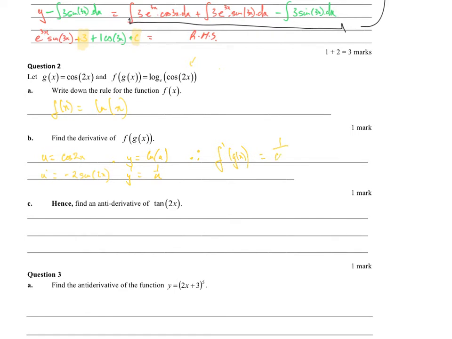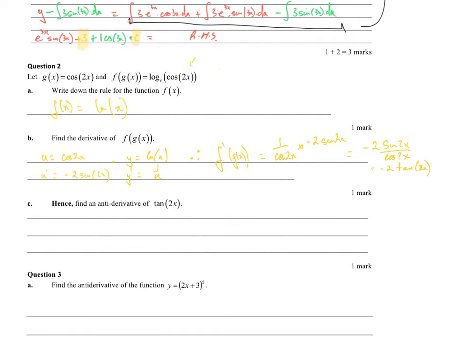Cos 2x, times u dashed, which is negative 2 sine 2x, which is equal to negative 2 sine 2x over cos 2x, which is negative 2 tan 2x.